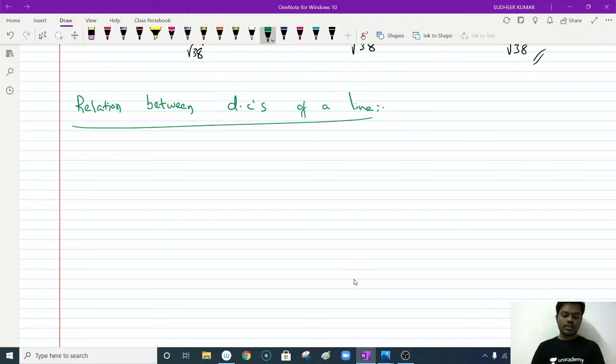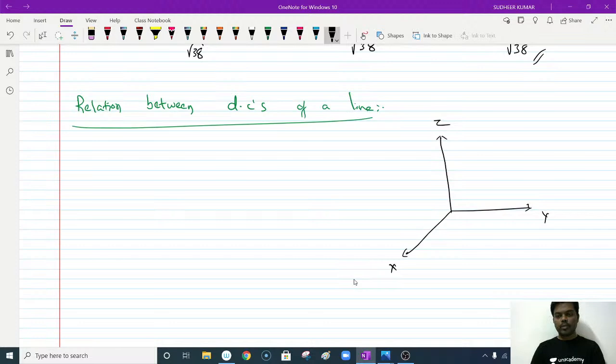So here, if we take these three axes, let us take x-axis, y-axis and z-axis.